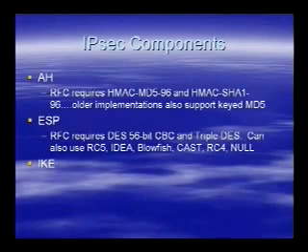So some people want to do away with AH because they think that it causes too much of an issue. It makes the protocol too complex. And what most people do is they actually use ESP. The third portion that's important is IKE, which is the Internet Key Exchange. It's how you actually derive your session keys.